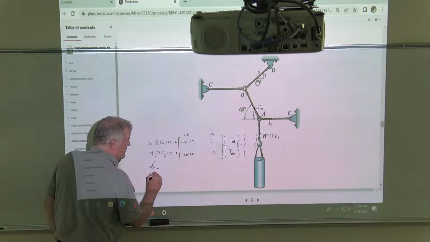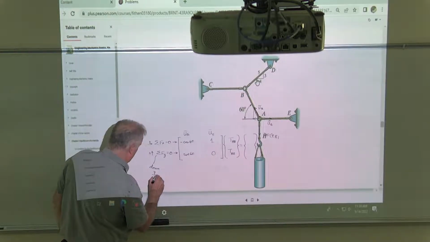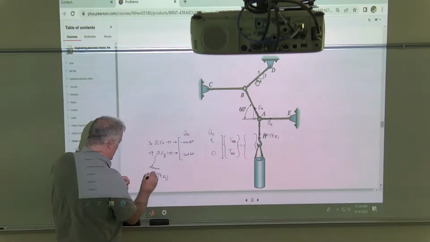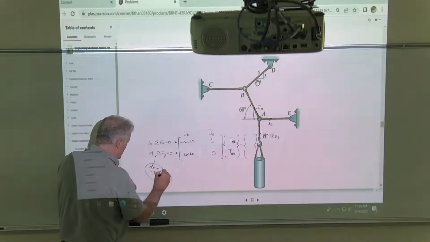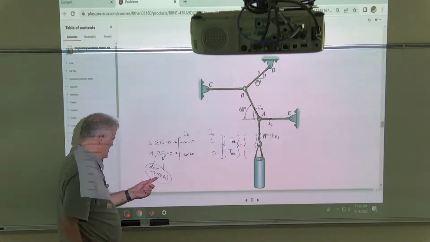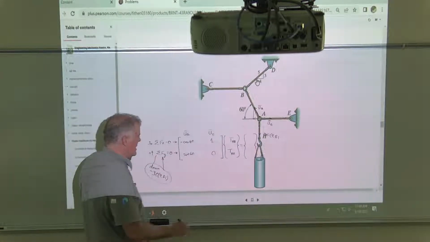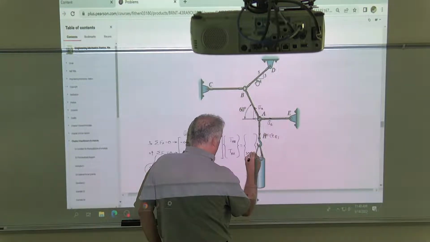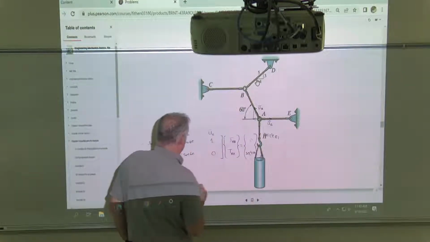And it's down, did it say 30 times 9.81? It's going down, it's negative on this side of the equation. Move it to the other side, and it becomes 30 times 9.81. And this one has 0.